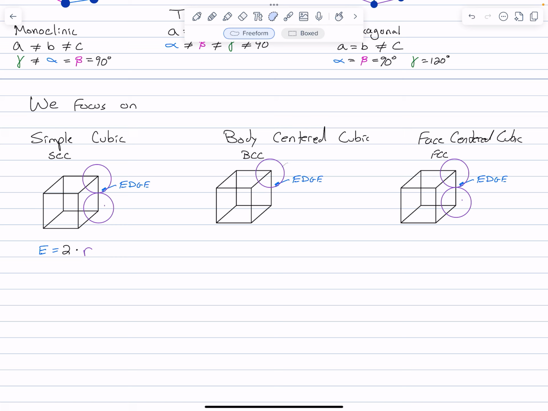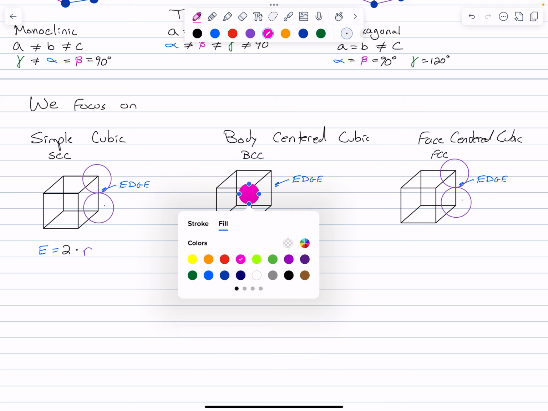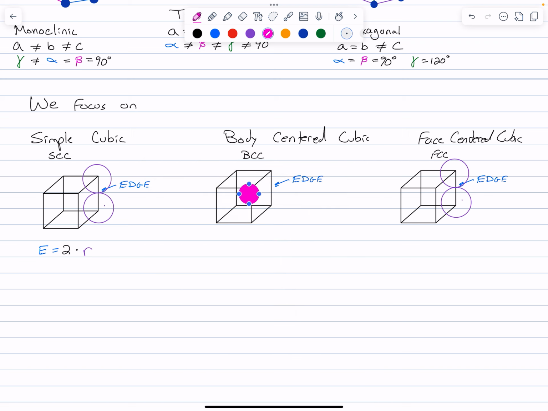Body centered looks just like face-centered, except there's some differences. Inside, you are going to have an atom inside the cell. So we just fill it in. That's inside the cell.